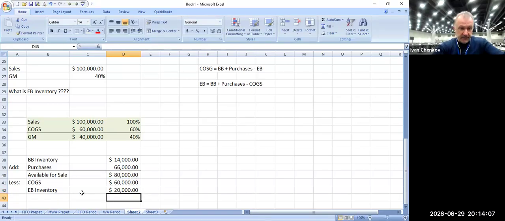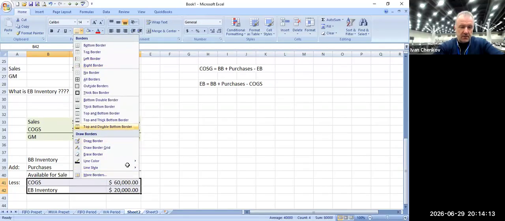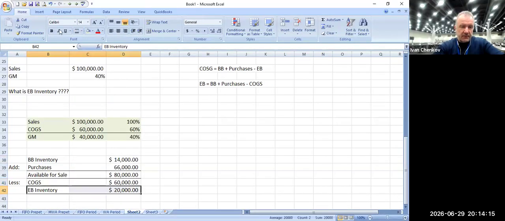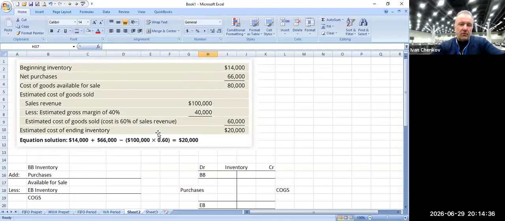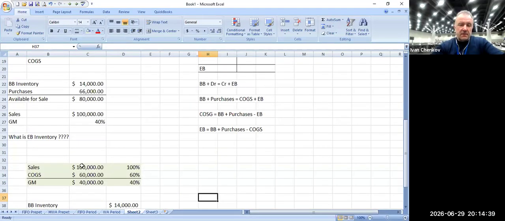So again, if you know the available, either cost of goods sold is going to be given to you, and you have to calculate the ending balance, or ending balance is going to be given to you, and you have to calculate the cost of goods sold. But you're going to have enough information to calculate either of those. That's the calculation of the ending inventory based on the gross margin percentage, the inventory and the purchases.